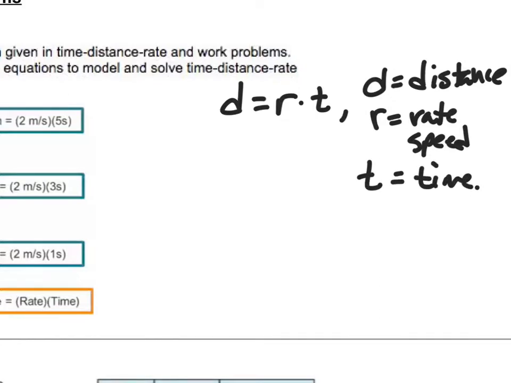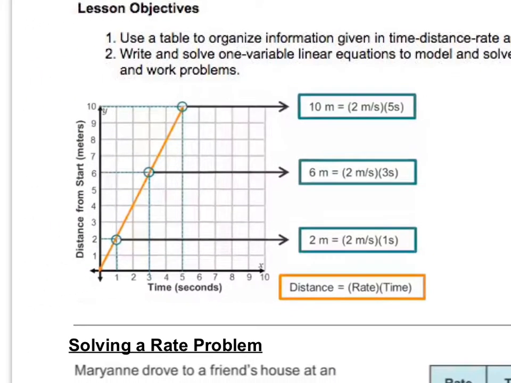So what we want to do is look at this situation here where your x-axis is time, and your y-axis is distance, and that's in meters. What we understand from this is that if you're traveling at a constant rate, then you can model the distance that you travel based on how long you travel.